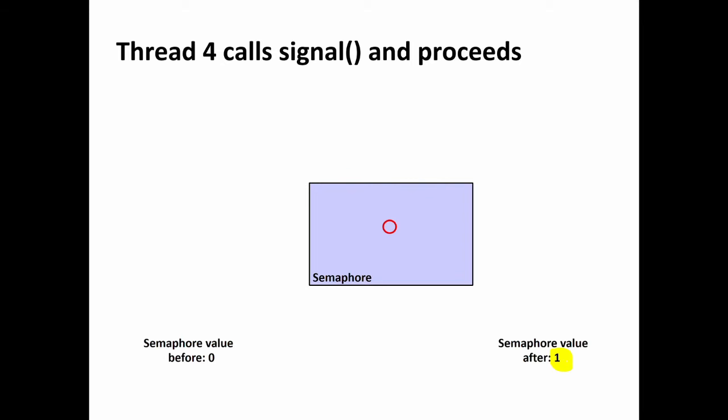You can realize that a signal always proceeds. A wait depends on the value of the semaphore, whether we have tokens here or not, so it may or may not block. That's the main idea.